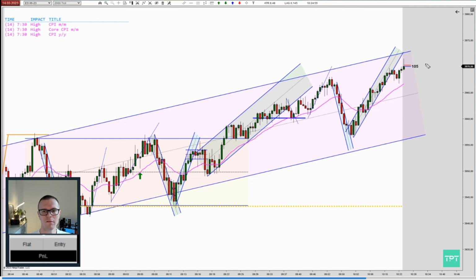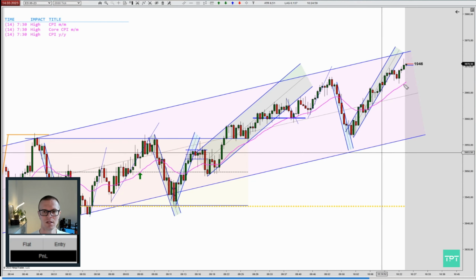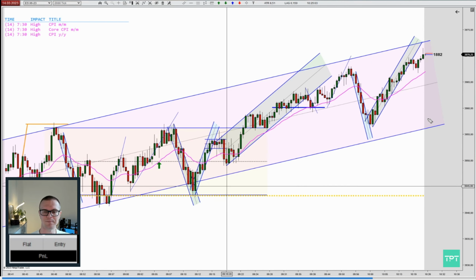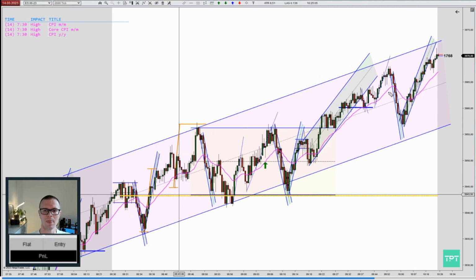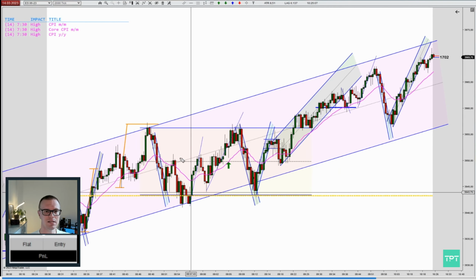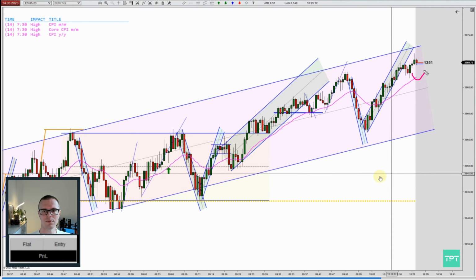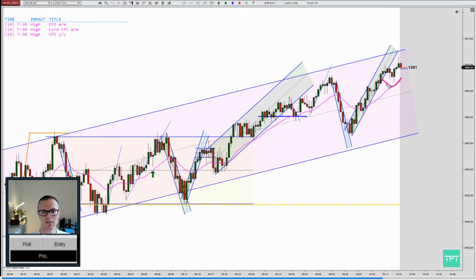If we are forming some nice bearish bar, then I could consider maybe a short back to the EMA, because right now you can still see this uptrend structure is in play, but this shorter term uptrend broke for the first time here, and we're retesting the highs.